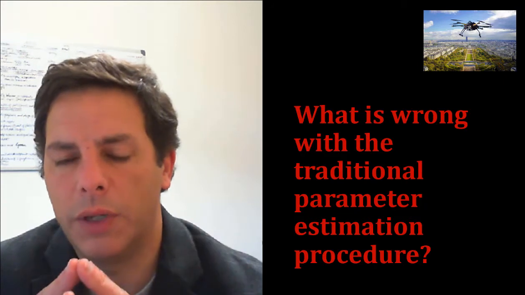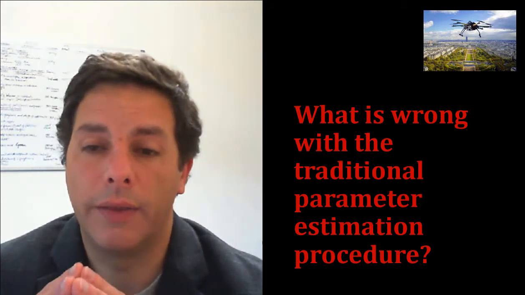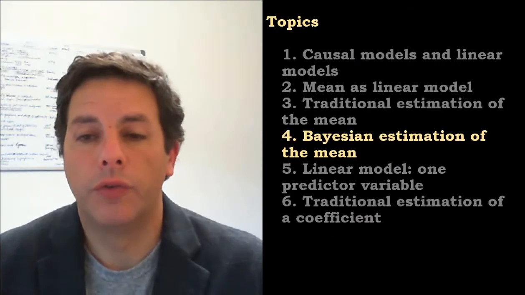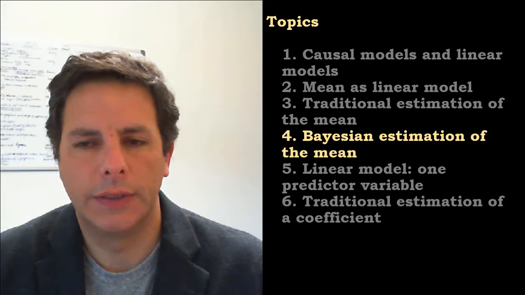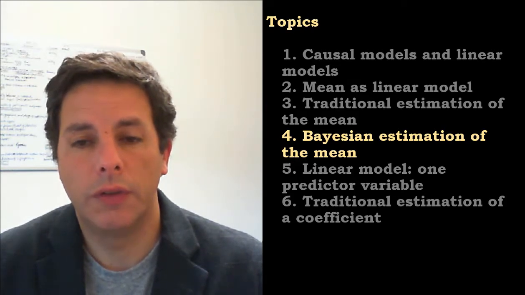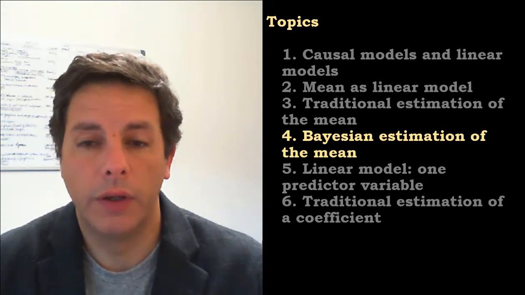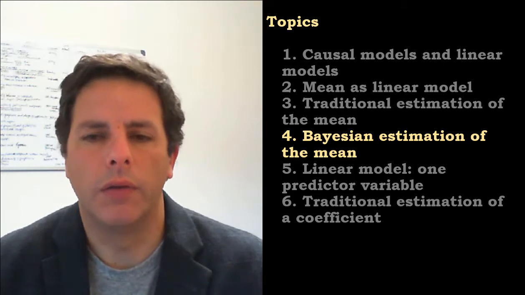Now, the Bayesian estimation, I believe, is a step forward, an improvement, and that's what I'm going to explain next. For the Bayesian estimation of the mean, I've already explained in the masterclass, and I'm going to give just a very brief new explanation here, from a slightly different angle.